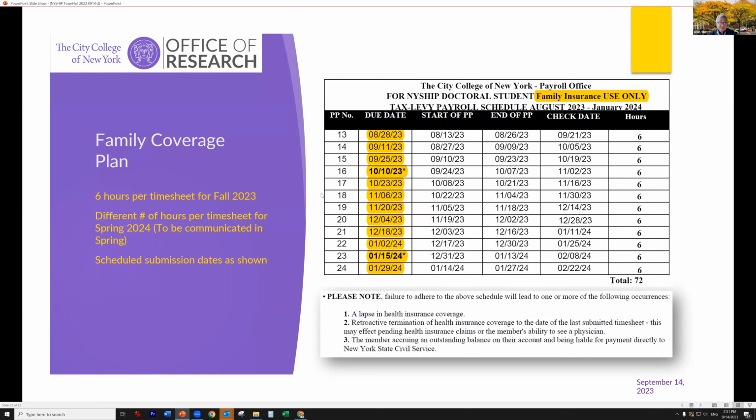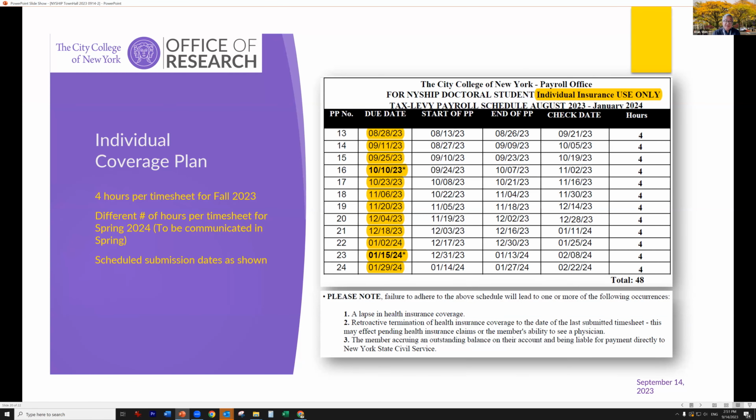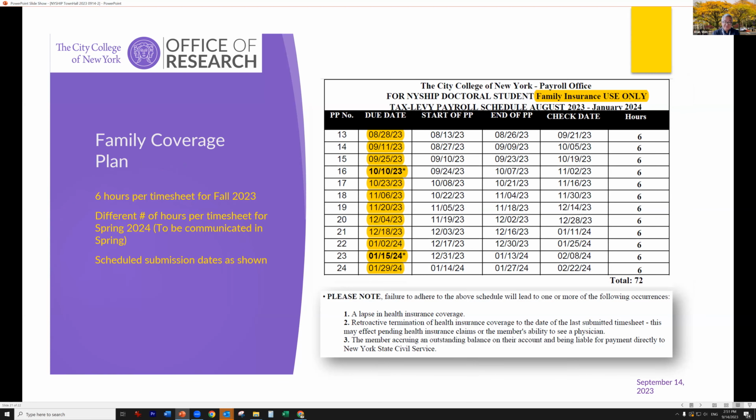And at this point, the Office of Research is paying for up to the individual plan, and so the PI would have to pay for the difference between the family plan and the individual plan. So if you want to appoint your student to be 172 hours instead of 72 hours, certainly we can do that, but you need to provide an account with sufficient budget to cover that extra cost beyond the individual plan.